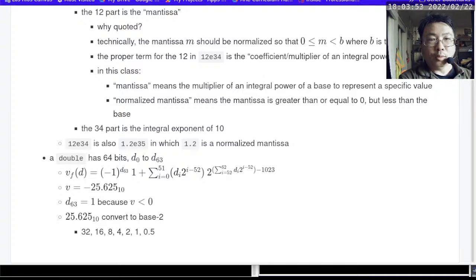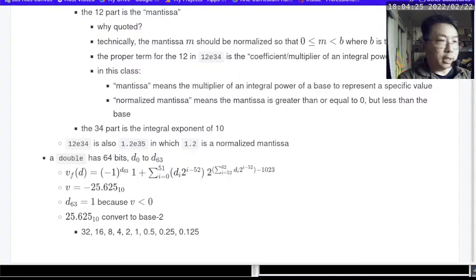So 0.5 is just 1/2, 0.25 is 1/4, 0.125 is 1/8, and those are all integral powers of 2, because an integer can be negative. So 0.5 is 2 to the power of -1, 0.25 is 2 to the power of -2, and 0.125 is 2 to the power of -3. So these are all powers of 2. Okay, and when I don't use a little subscript or put a number in parentheses right after the number, these are all in base 10.